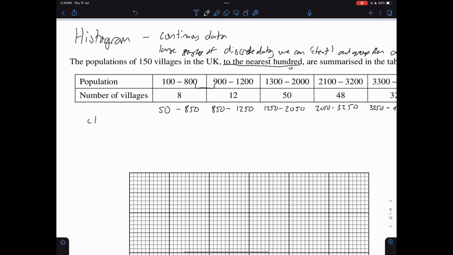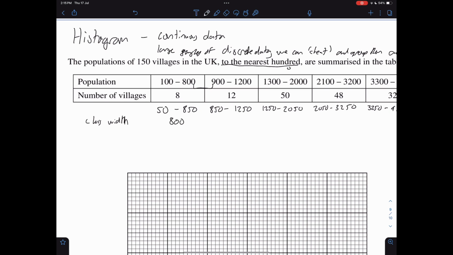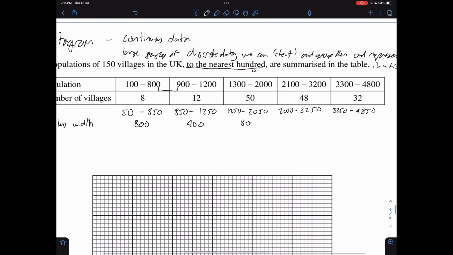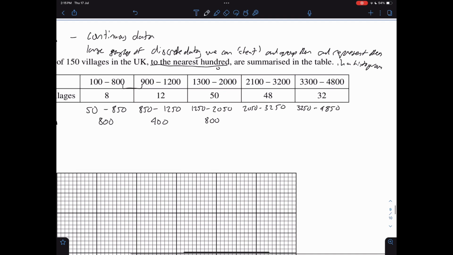And to make it easier, I'll write in our class width, which is just 850 minus 50, then 400. This is 800. This is 1200. And this is 1600.